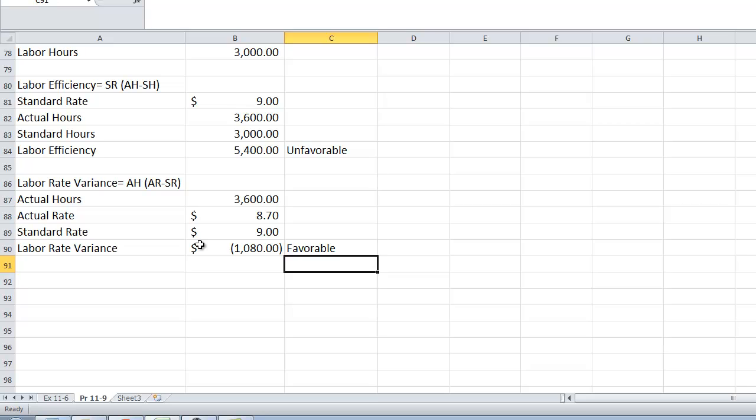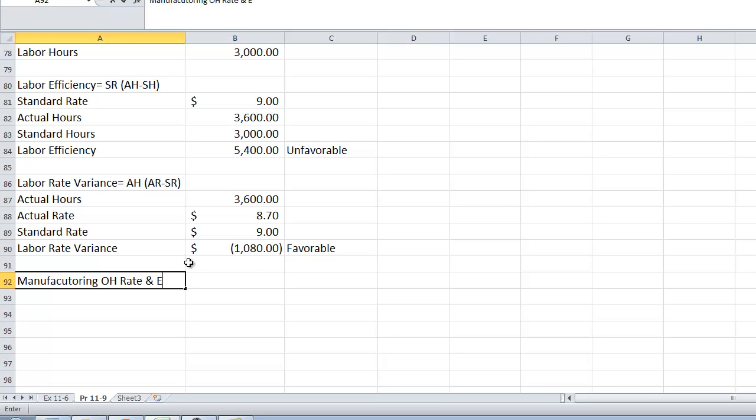And our final variance is manufacturing overhead rate and efficiency variances.